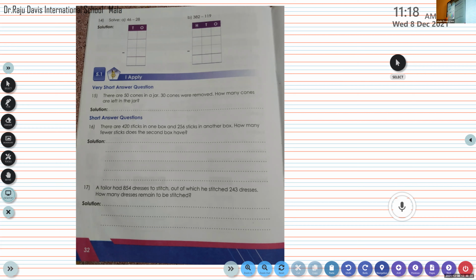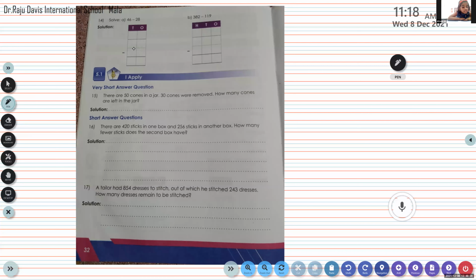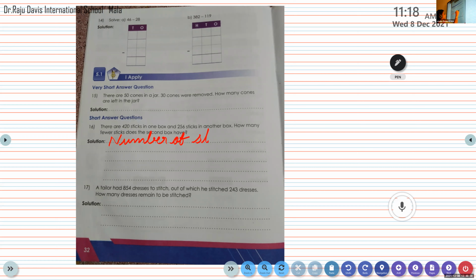The first step is number of sticks in the first box. How many? 420. Okay, very good, Afrin.